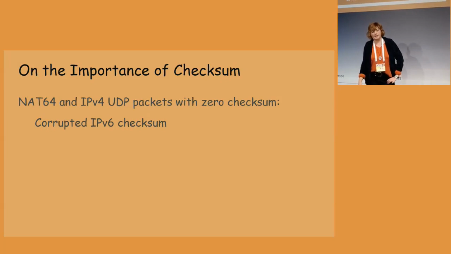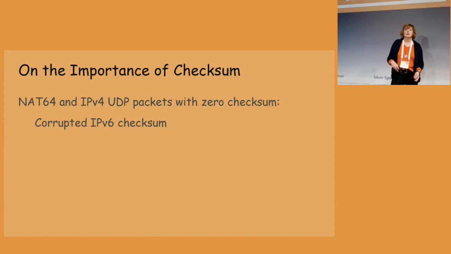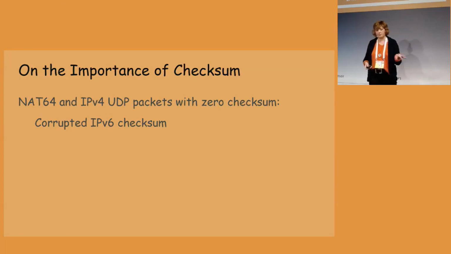Some NAT64 devices were really happy doing NAT64 unless an IPv4 packet was coming with 0 UDP checksum, which is perfectly fine in IPv4. Well, some NAT64 devices start putting some garbage inside, which made endpoints very unhappy.